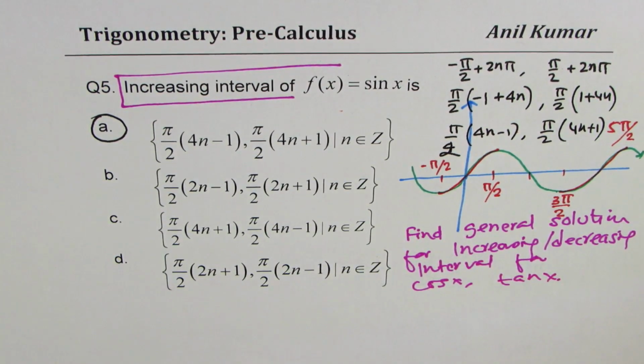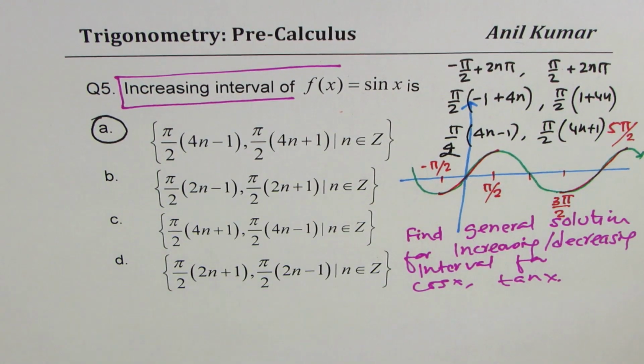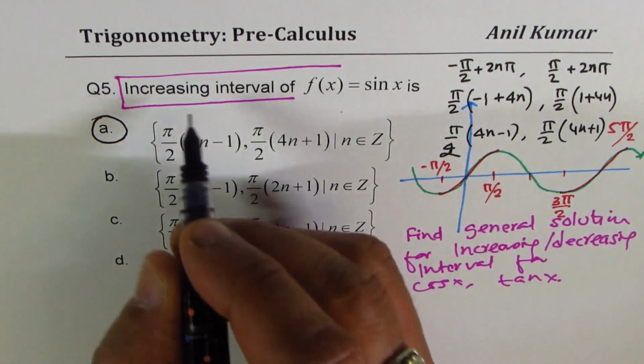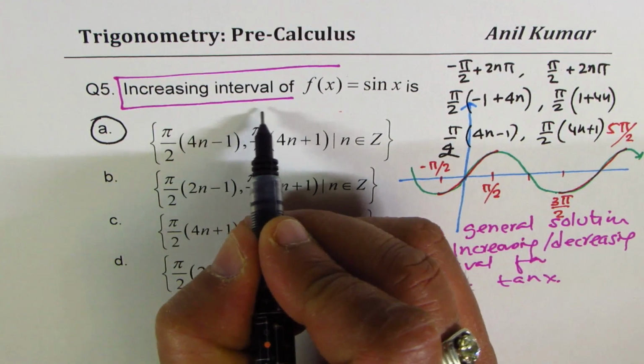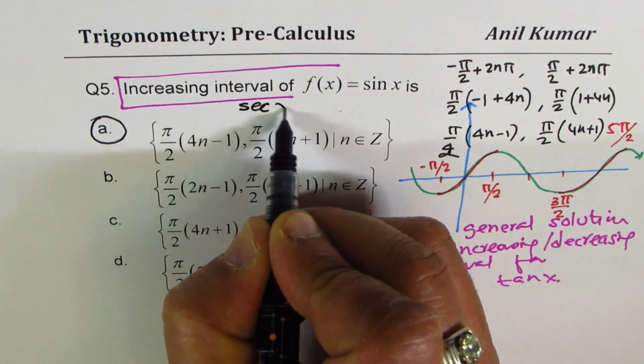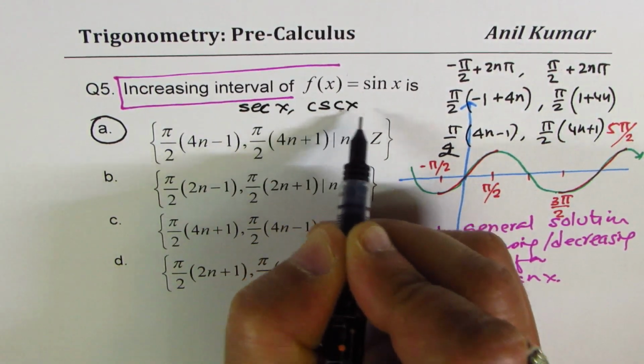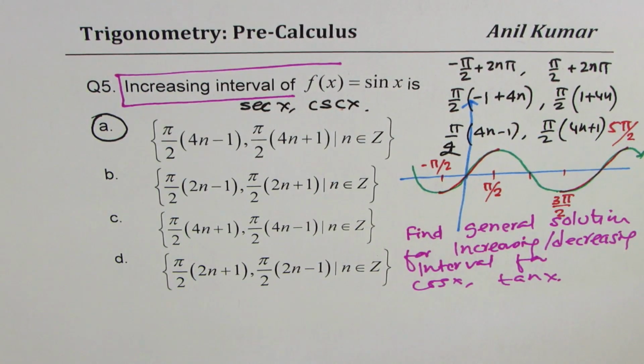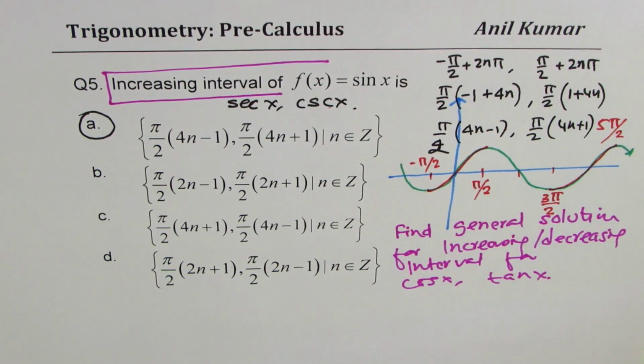So that is the question. Very interesting. Tan x may not be decreasing at all. Anyway, find the general solution for increasing and decreasing intervals for trigonometric functions, and think about it, right? So you can also use reciprocal functions. So also work on secant x and cosecant x. It will give you good practice, and I hope it will really help you.